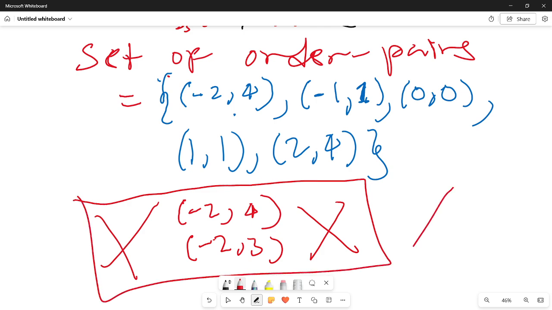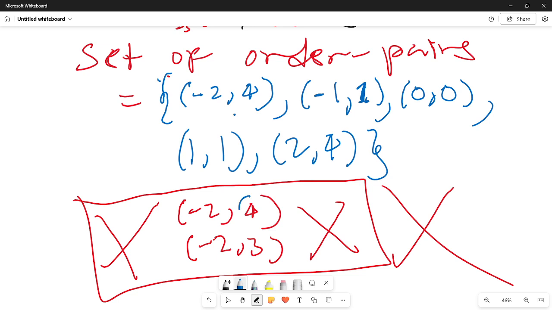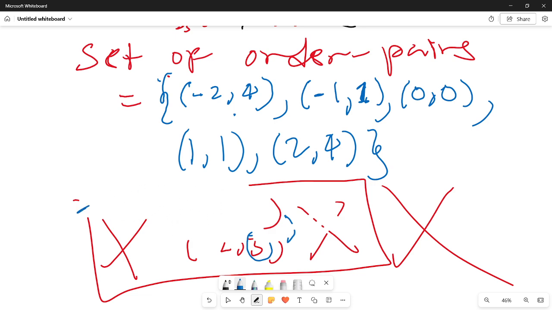Because for a function to exist, it has to have a unique output. It's not possible to have the same input giving us different outputs for the same function. I hope I've brought that point again that is found in the definition.